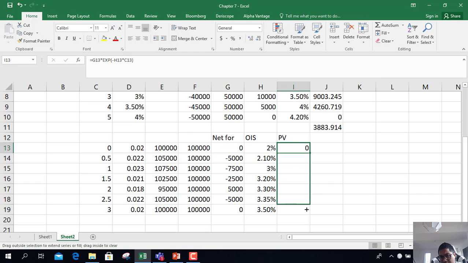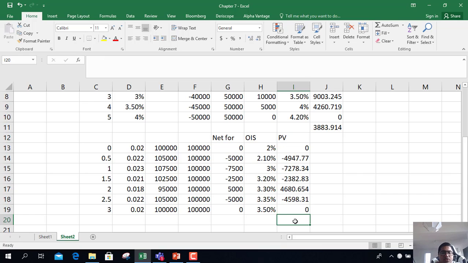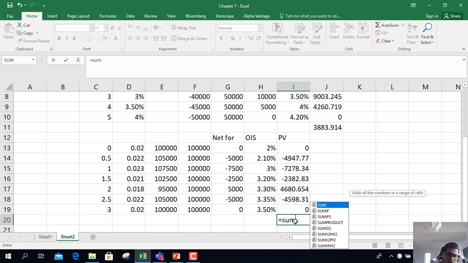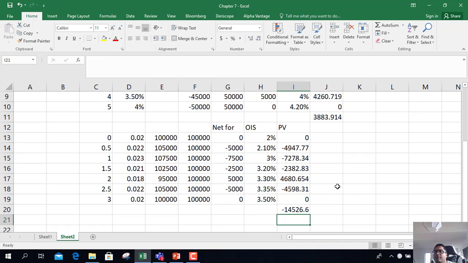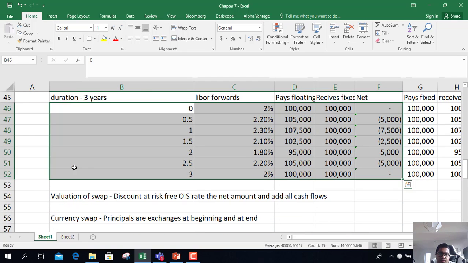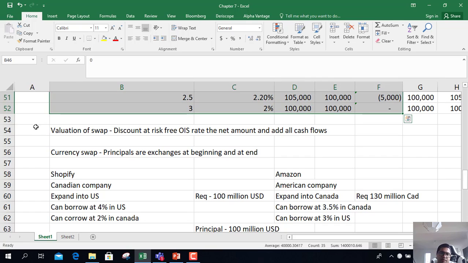If you then drag it, it is minus 4947, minus 7278, minus 2382, 4680, and so on and so forth. Always value of a swap is addition of all present values. So if you add them up, it gives you 14526. So value of this swap is 14526. So this is how you calculate value of a swap. Valuation of swap: discount at risk-free OIS rate, the netted amount, and add all cash flows.